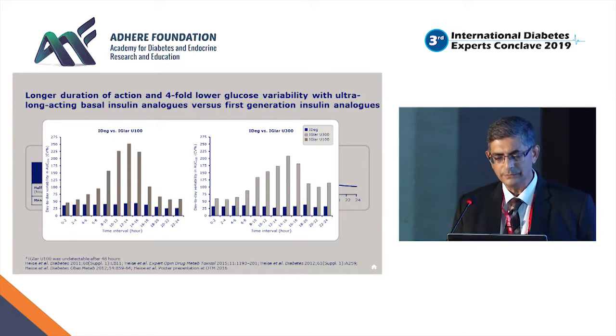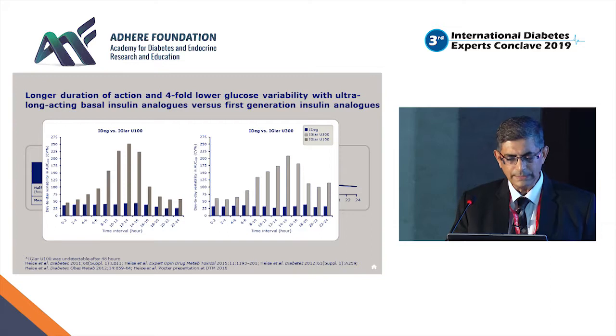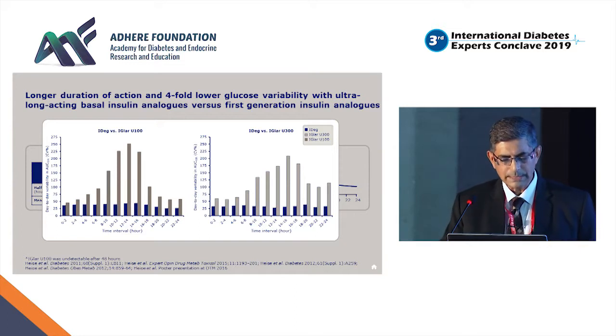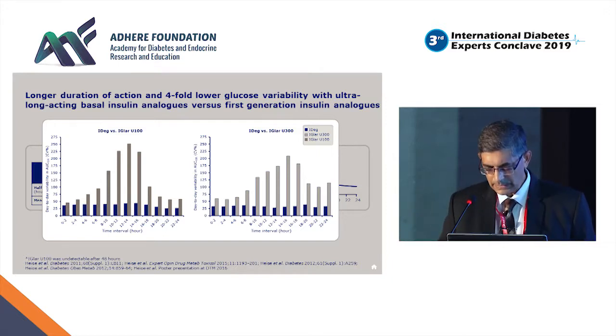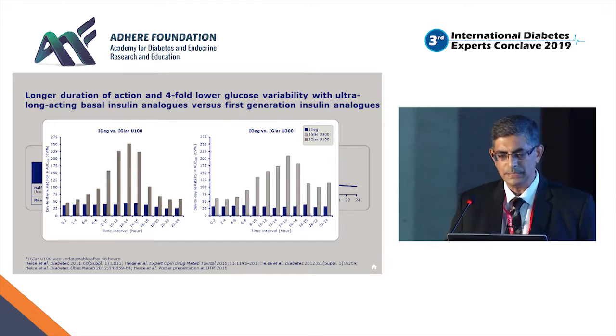But look at these curves that you can see over here. As I just told you, there is a peak effect that you get with U100 when you use it at higher doses, whereas you get a more flat line of action even at higher doses given over a 24-hour period. So you don't get that amount of variability, so the hypoglycemias tend to become less.